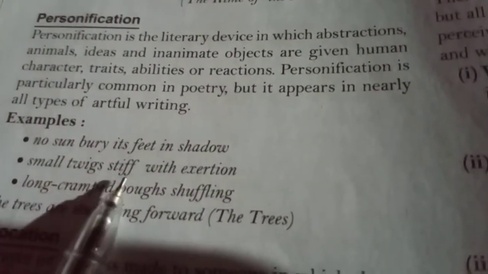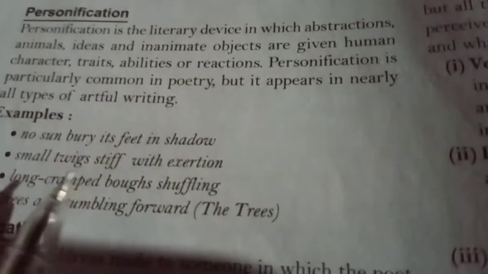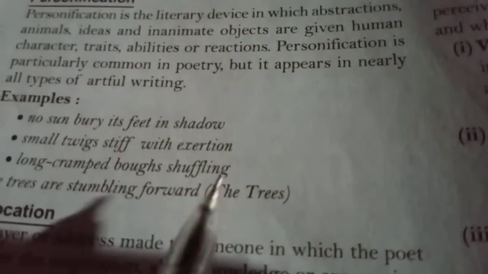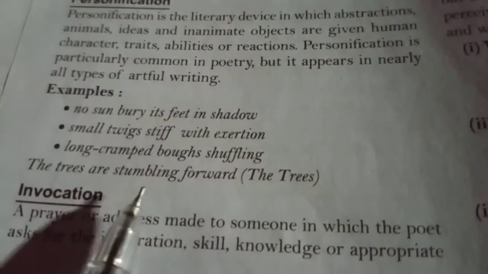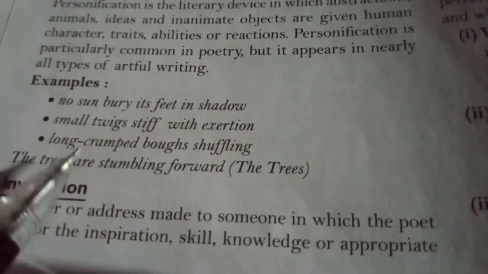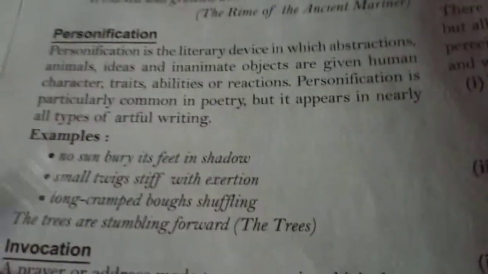So here exertion is being used for twigs. Long crumpled boughs shuffling. The trees are stumbling forward. Here we are talking about trees just like they are human beings. So it is personification.